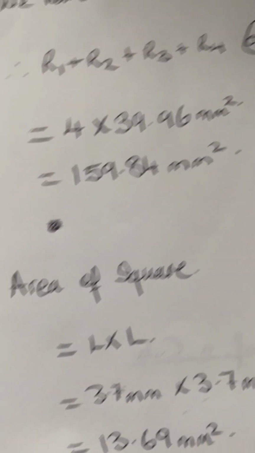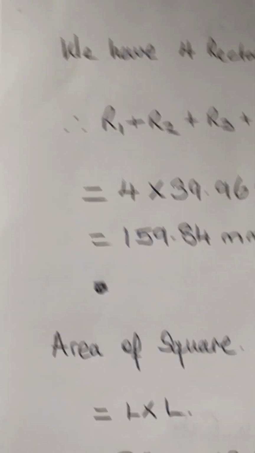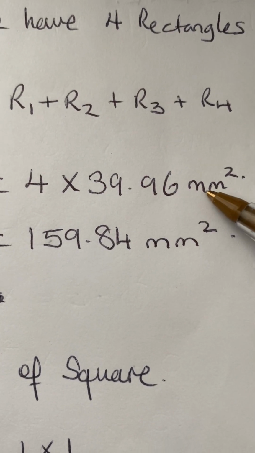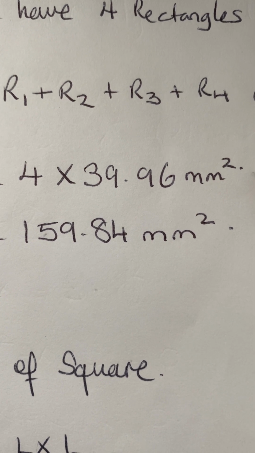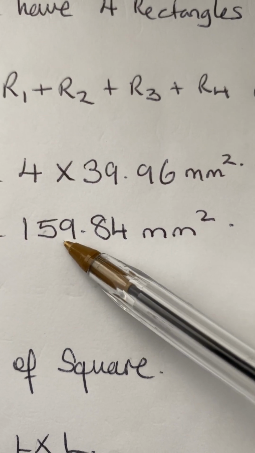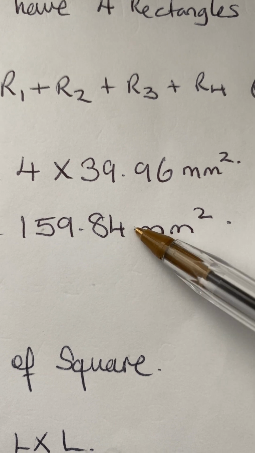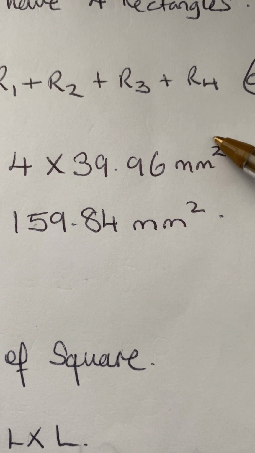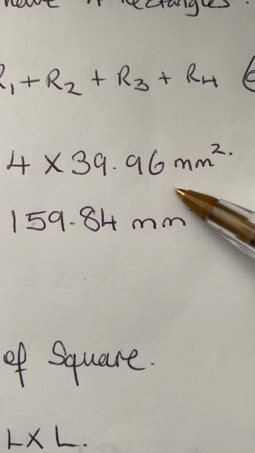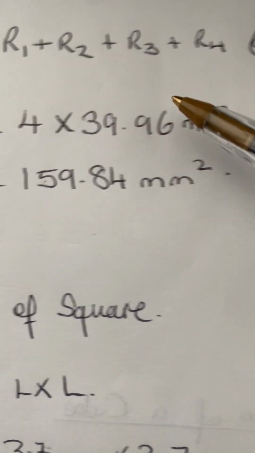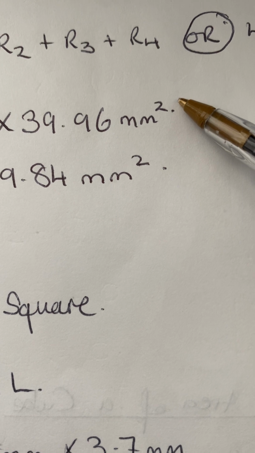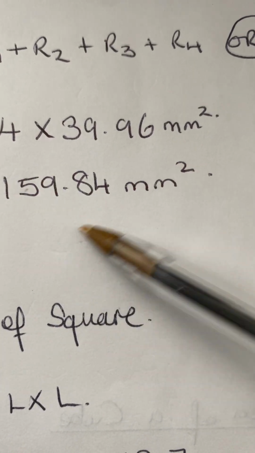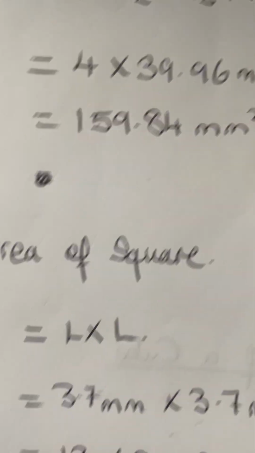So here we have 4 times 39.96 millimeters squared, which is 159.84 millimeters squared. Remember, it's millimeters squared, because it is area, not millimeters. So that is our answer for the 4 rectangles.